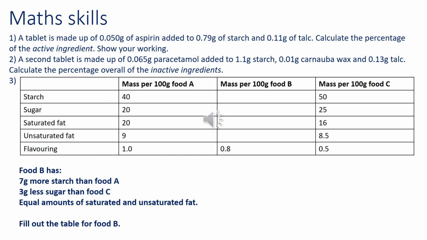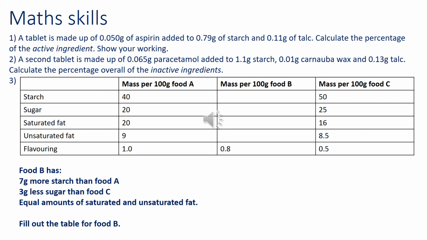For question number 3, which is based on the table, food B, if you see the middle column, that's food B. Food B has 7 gram more starch than food A, 3 grams less sugar than food C, and equal amounts of saturated and unsaturated fat.